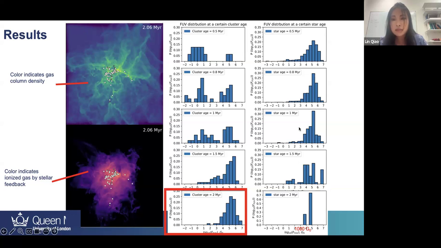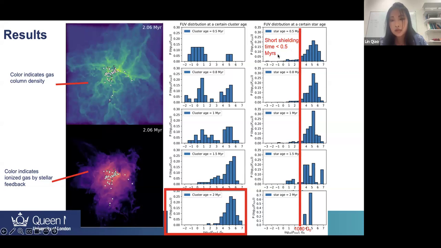Now the right-hand side panels are different from the left-hand side. They're the plots of FUV distribution incident upon disks with a certain disk age in each plot. So instead of looking at all disks at a certain cluster age snapshot, like the left-hand side ones, here we're looking at the FUV field for all disks that have lived, for example, on the top plot, for 0.5 million years throughout the simulation.